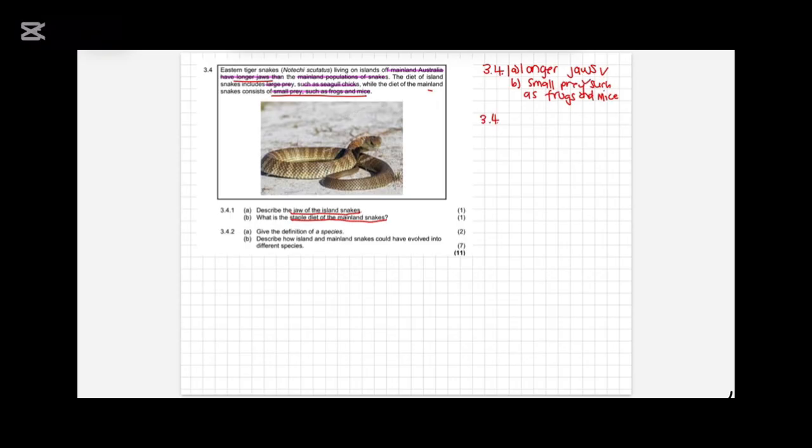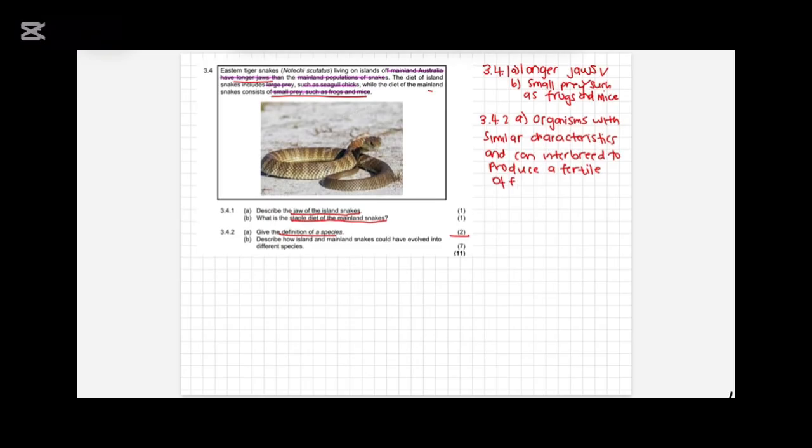Now, 3.4.2, give the definition of a species. We know that it is organisms with similar characteristics that can interbreed to produce a fertile offspring. Now, last question: describe how the island and mainland snakes have evolved into different species.